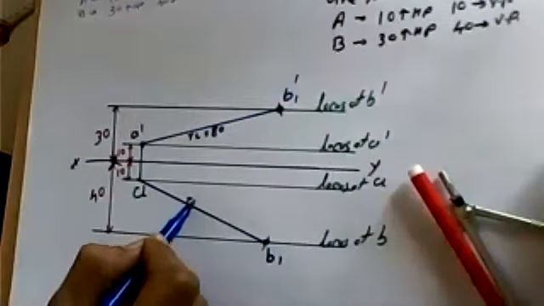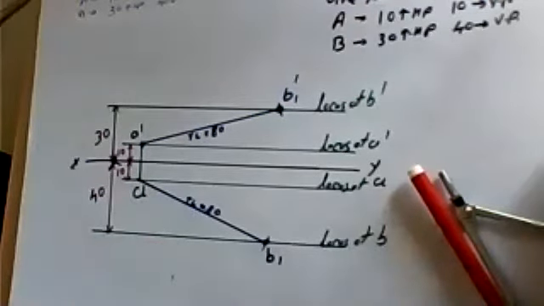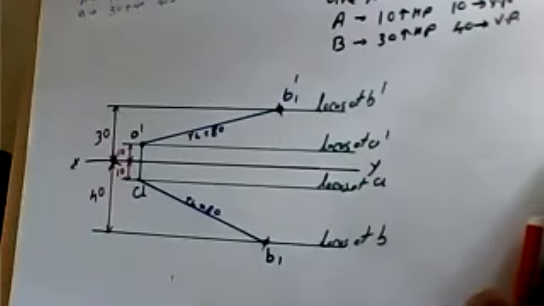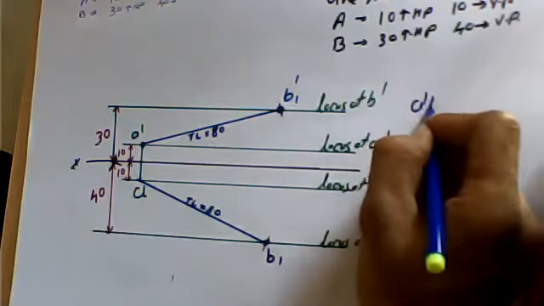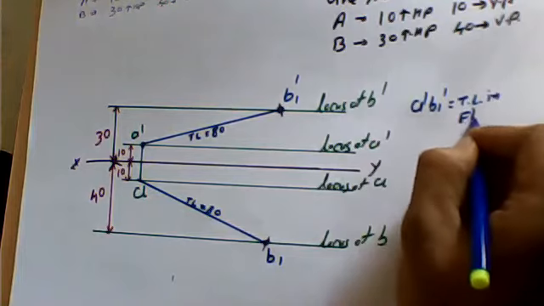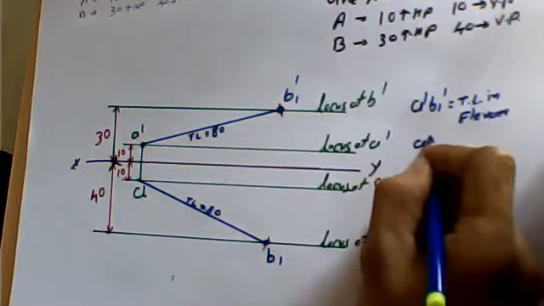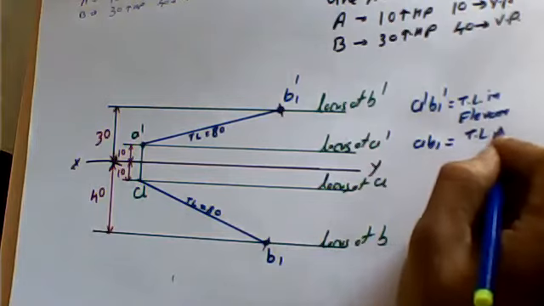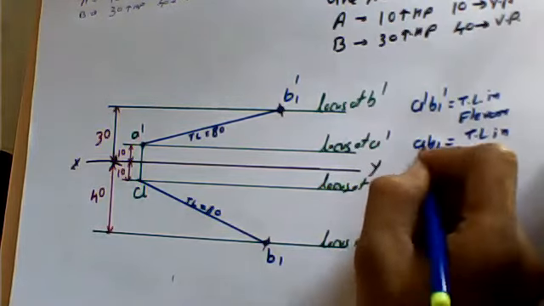So this is also the true length, 80 mm. This true length is presented in the plan. You need to memorize this: A dash B1 dash is the true length in elevation, and AB1 is the true length in plan.